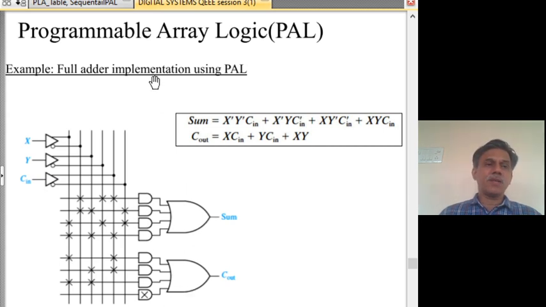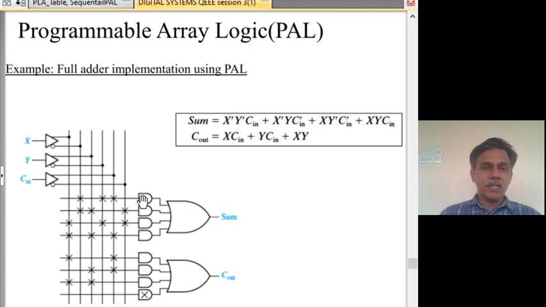For example, let us assume that we have to realize a full adder using a PAL. The expressions for the sum and carry out are given by this. We have 3 inputs x, y and c in, and these are the expressions to be realized. So we have x here, y and c in here. x bar, y bar, c in bar are all made available.